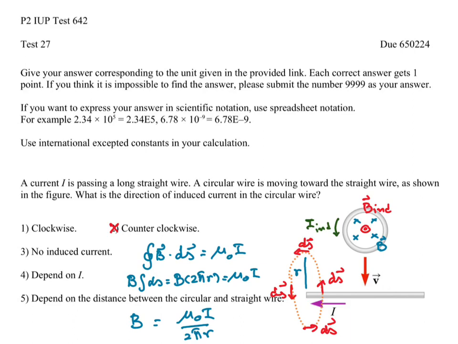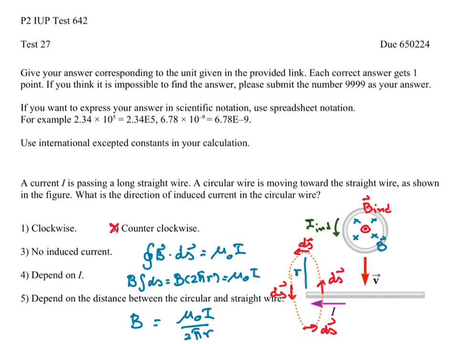And to produce this magnetic field, you can use the right hand rule. Point your thumb in the direction of the induced current, and then when you curl your finger inside the wire, the direction of your forefinger is the direction of the magnetic field.